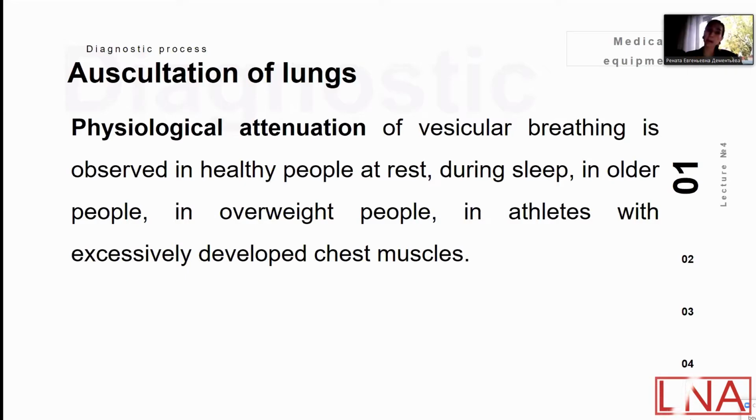So the same overweight can be a reason for attenuation of the vesicular breathing. In athletes and sportsmen, for example, with excessively developed chest muscles, the increase in the mass of the muscles can be a cause of attenuation, like an additional layer, like a shell.